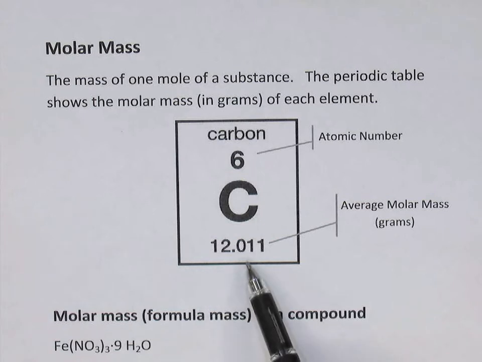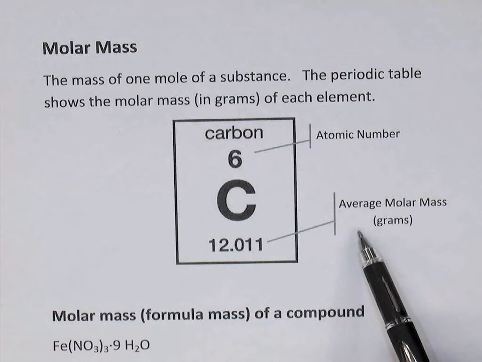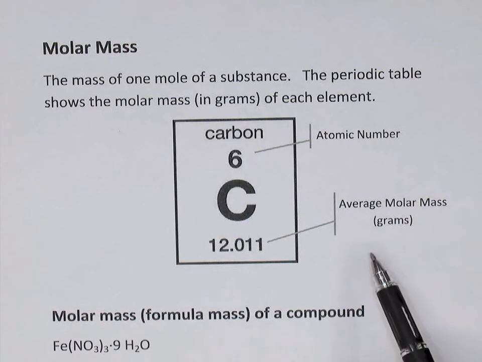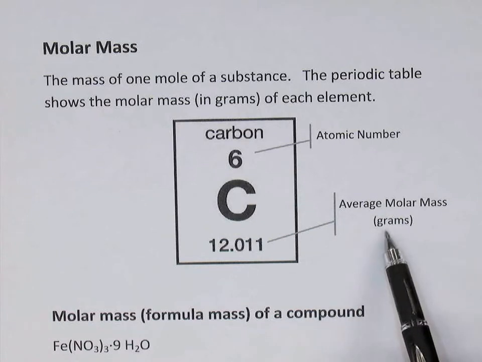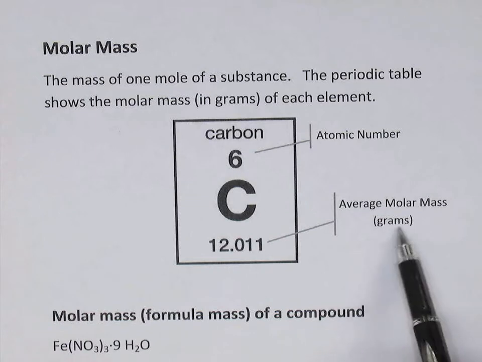However, we're now going to take that same number and rethink it as the average molar mass of carbon. In other words, on average, a mole of carbon weighs 12.01, and now since we're talking about a mole, a huge number, Avogadro's number of particles, we're going to change the units to grams.